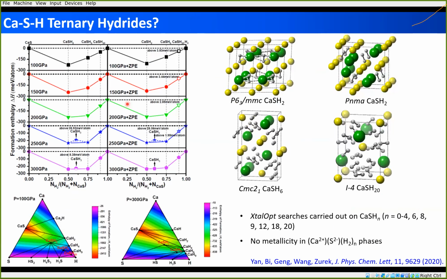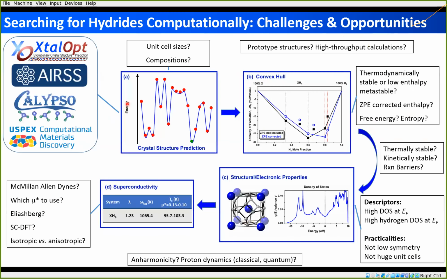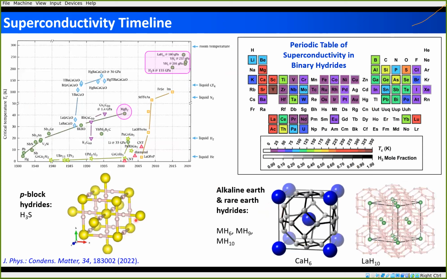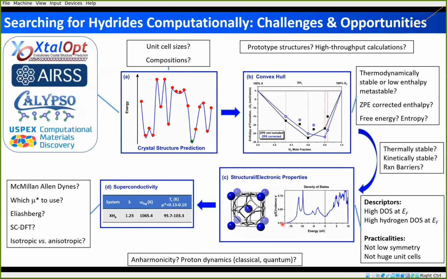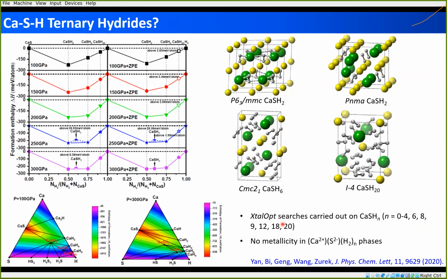So turning to some other ternaries, we might think about what would happen if you mix CaH6 with H3S, since both of these binaries are predicted to have a nice high Tc. And what we find via our calculations is that in most cases, the structures that emerge from the crystal structure prediction searches are actually not metals.